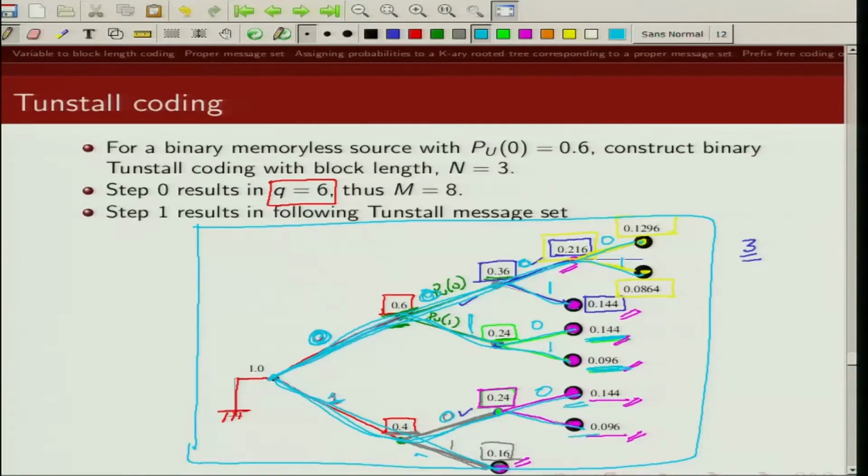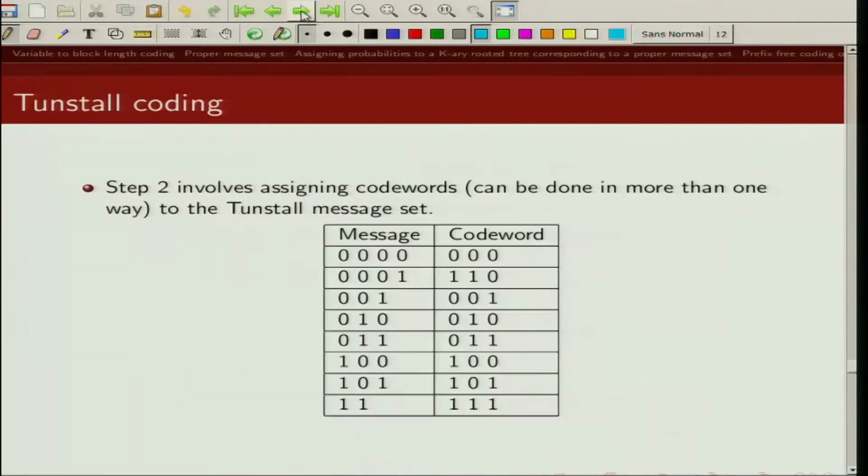This one corresponds to 1, 0, 1. And this one corresponds to 1, 1. So those have been listed here: 0, 0, 0, 0, 0, 0, 1, 0, 0, 1, 0, 1, 0, 0, 1, 1, 1, 0, 0, 1, 0, 1, and 1, 1. These are the parsed messages that I am getting from my proper message set.